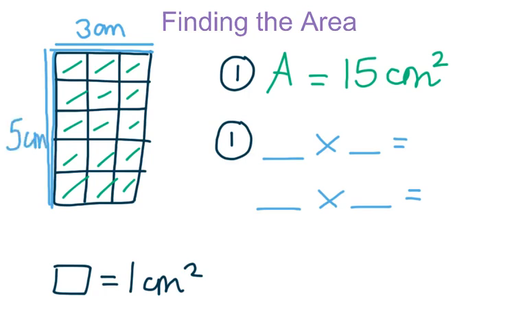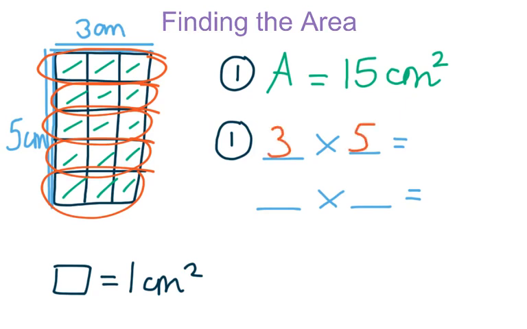So my 2 calculations, I could have 1, 2, 3, 4, 5. 5 groups with 3 in each group. So 3 times 5. Or I could have 1, 2, 3 groups with 5 in each.